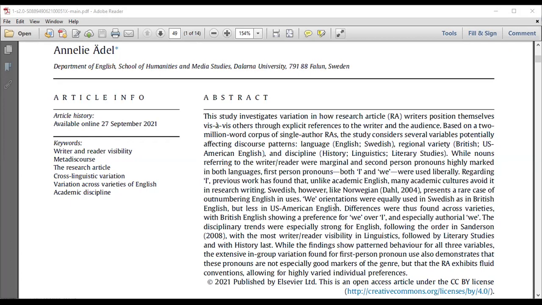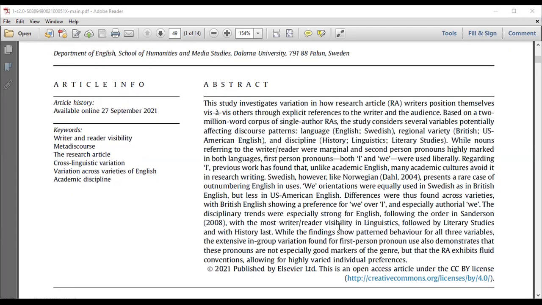We orientation was equally used in Swedish as in British English, but less in US. So differences were thus found across British and so on. The disciplinary trends were quite. These are the findings, already the findings of the study. This is move 4. So the method is only from this one: based on a 2 million word corpus, single author research article.